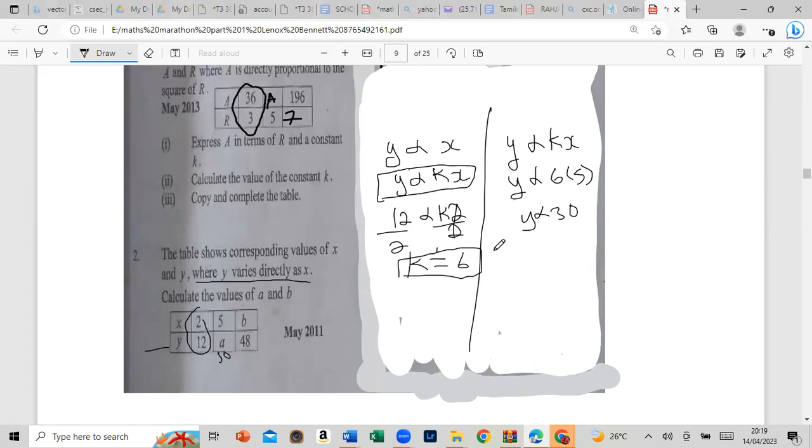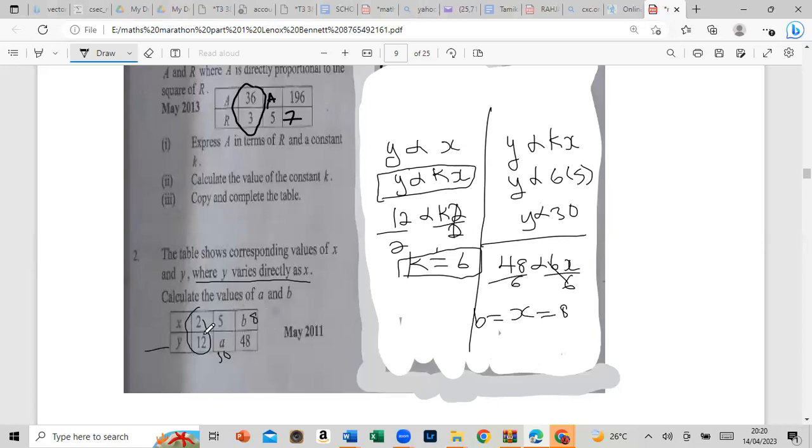And we'll do the same thing to get x this time. Put 48 because that's y. We have some constant 6, which is k, so that's 6. And we put x because we never found x, right? And we just divide by 6. So x is equal to 8.